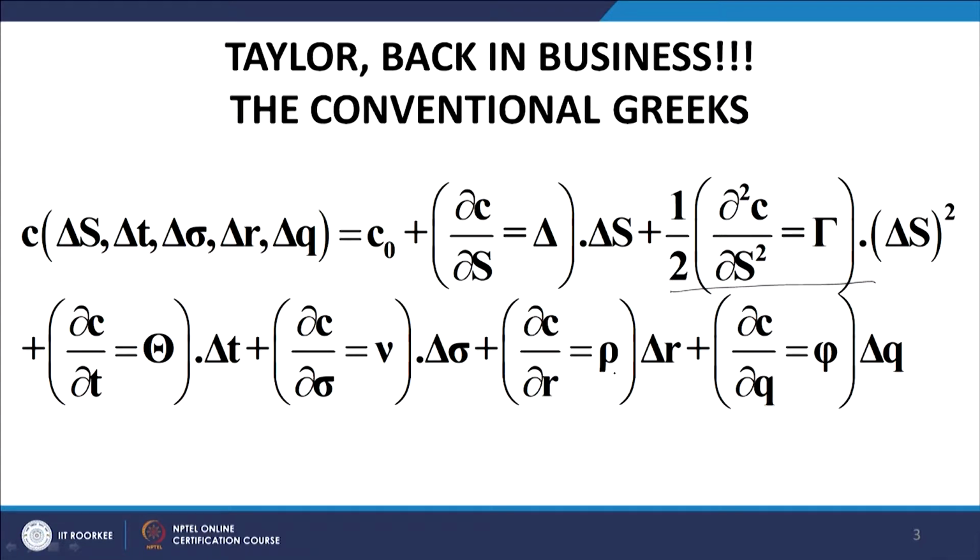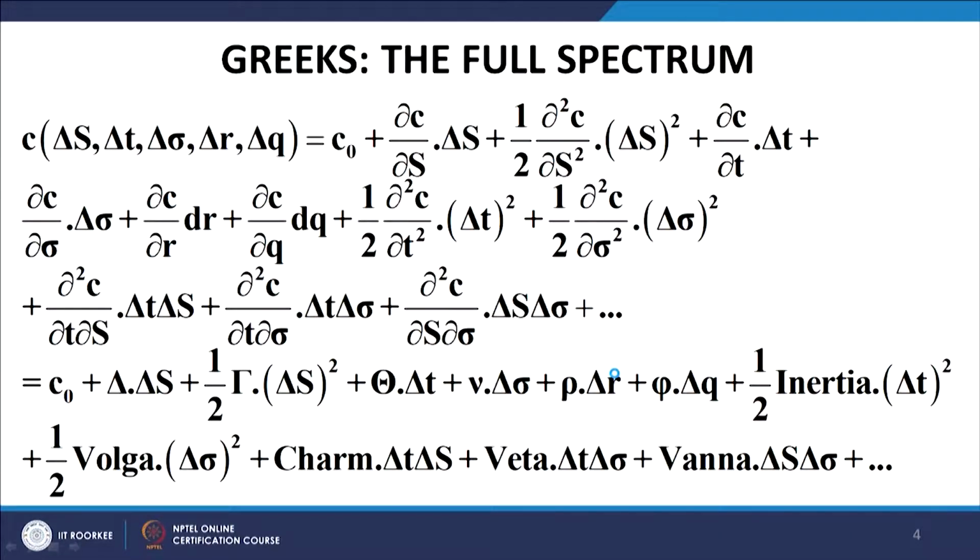Of course, as I reiterate, this set has been extended with the increase in computing power to many more. As you can see in this particular slide, we have something called the inertia, we have got something called the Volga, the charm, the Veta, Vanna and even more than that.